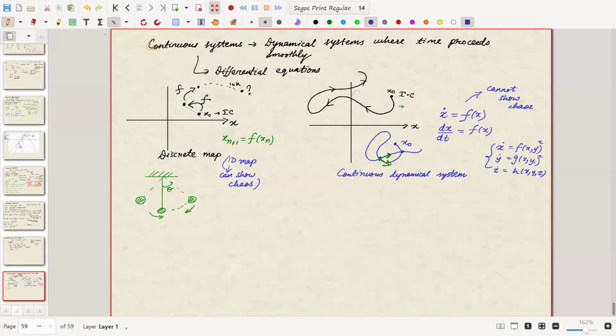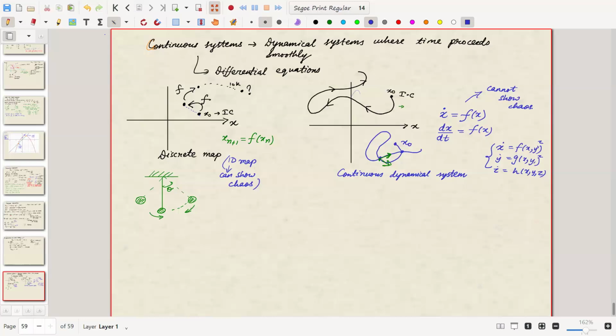Maybe I can show you one example, but I think that will come later. Remind me that in two-dimensional systems, I'll show you an animation of a pendulum moving around and how it creates a phase portrait.